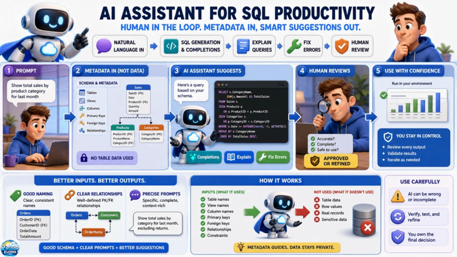However, Copilot does not use the actual underlying table data to generate query suggestions, helping reduce direct exposure of business data during assistance workflows. Users should still validate generated SQL carefully because AI-generated outputs may contain incorrect assumptions, inefficient logic, unsupported syntax, or incomplete business rules.